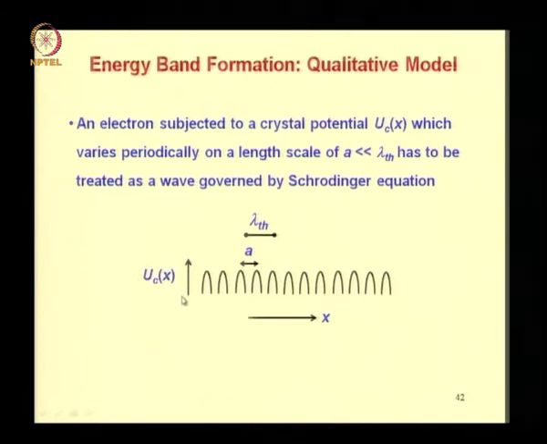So you have a regular arrangement of atoms. Each atom has a positively charged core, which gives rise to this kind of a potential variation. So a series of positively charged cores of atoms regularly arranged give rise to this periodic potential, right.